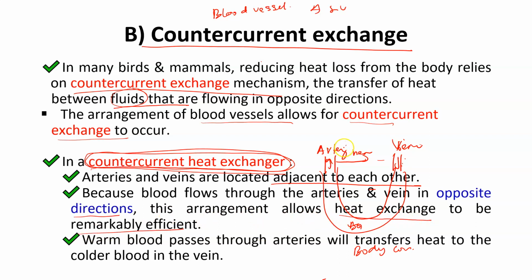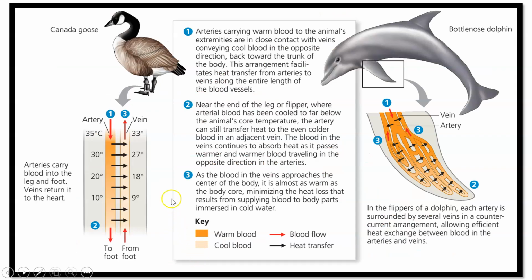The artery will bring fresh blood from the heart, and when the artery brings blood from the heart, it also brings heat, metabolic heat. So the heat from that blood in the artery will be directly transferred to the vein. Warm blood passing through arteries will transfer heat to the colder blood in the vein.